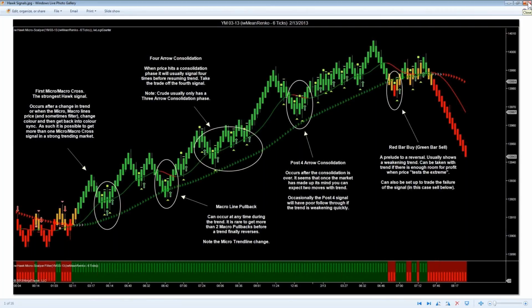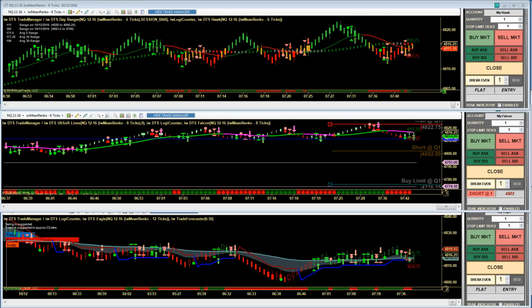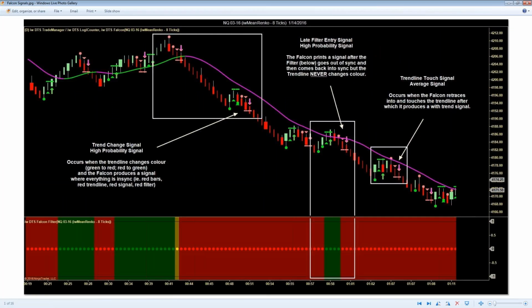So there's the high probability signals for the hawk. And then we also have high probability signals for the falcon and the eagle. So with the falcon, we have the trend change signal, the late filter entry signal, where the filter goes out of sync, comes back into sync.